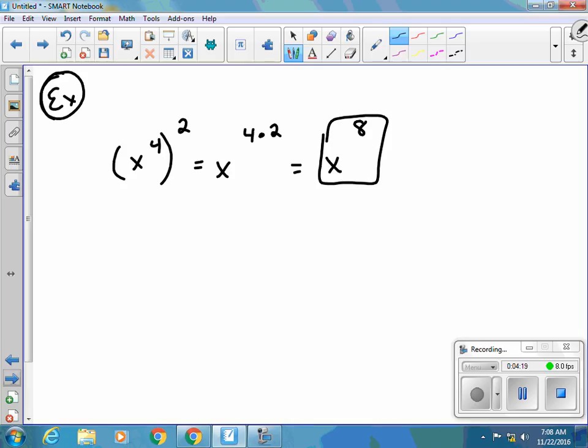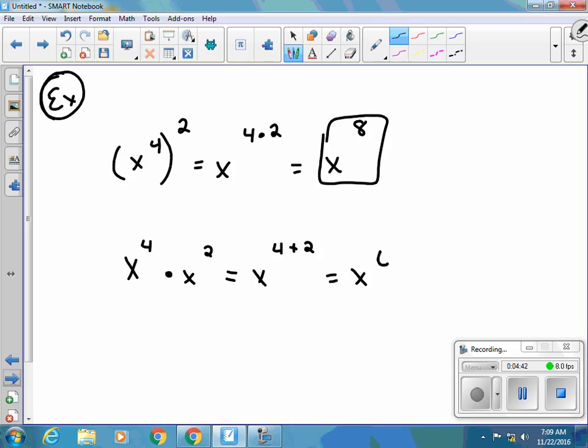As well as it's not to the 6th. I know this can be kind of confusing when you're talking about exponents and all of those different rules, but it's just a good rule of thumb. If I were to have x to the 4th times x squared, notice I'm not taking that x to the 4th to the power of 2. This I just add the exponents.